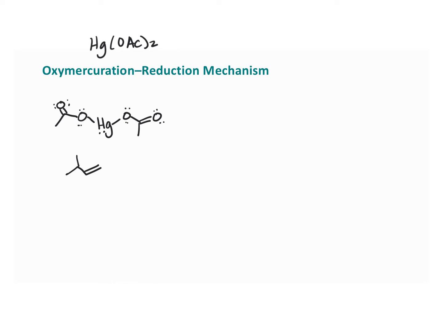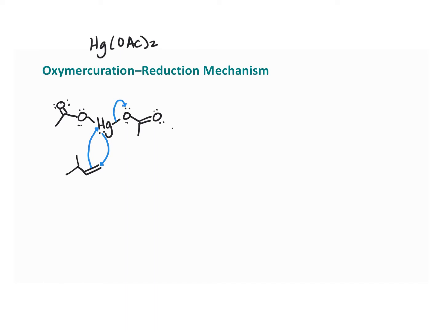Now the first step is a concerted step. It means it all happens at once, and what we see happening is the double bond, the electrons here, will come up and they'll attack that mercury. When that happens, these electrons come down here. Now, they're in proximity, so this is happening at the same time. And then these electrons, that bond breaks, and they go there on the oxygen.